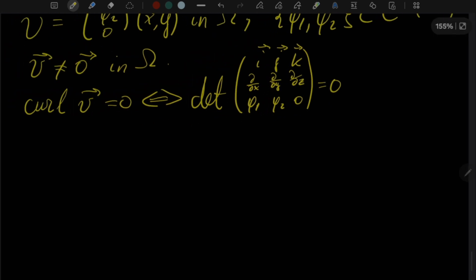Only when this determinant is equal to 0, and this, by expanding, happens if and only if the partial derivatives of v1 and v2 by y and x respectively are equal in omega.